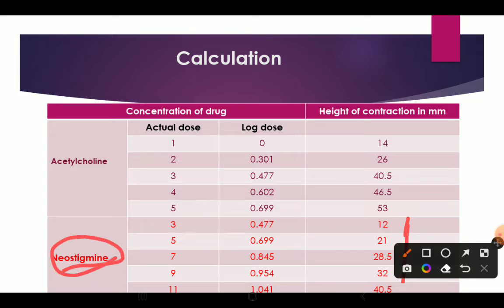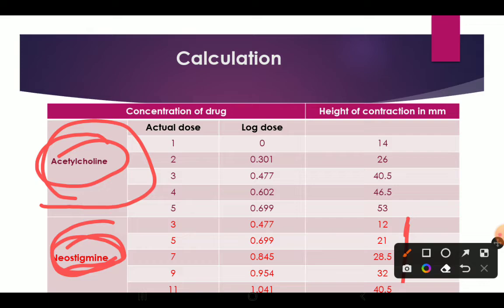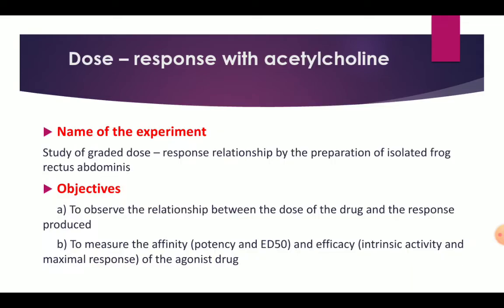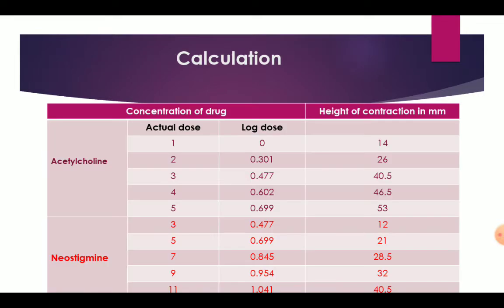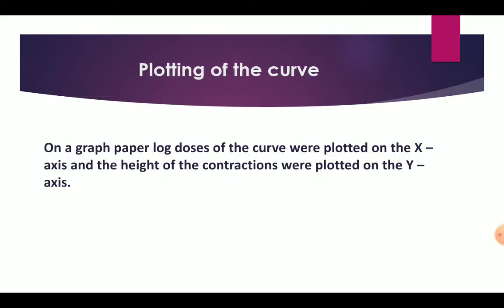So you have to write down both these things for acetylcholine and neostigmine. Don't just write acetylcholine, because that will not show the relationship.